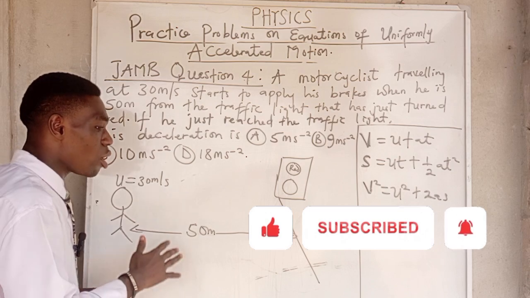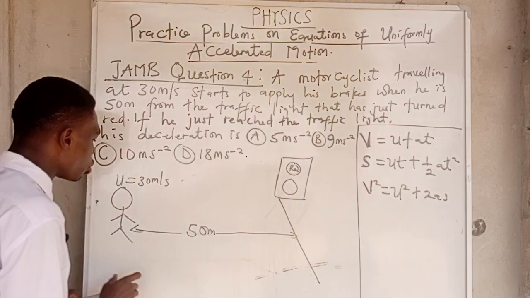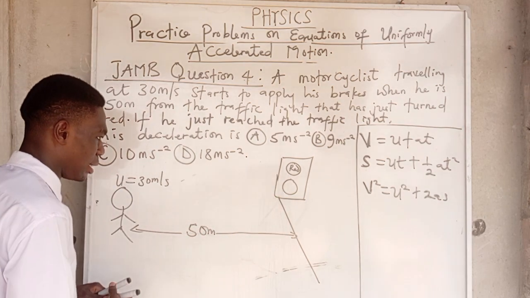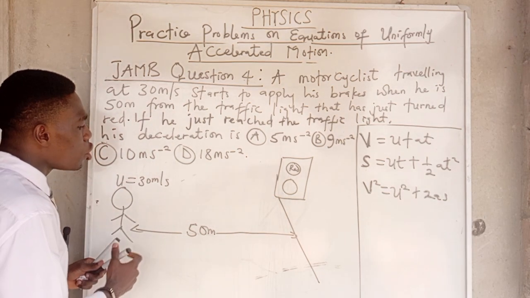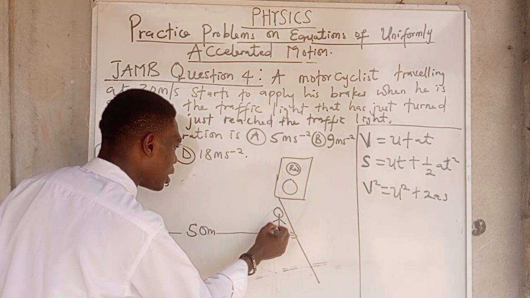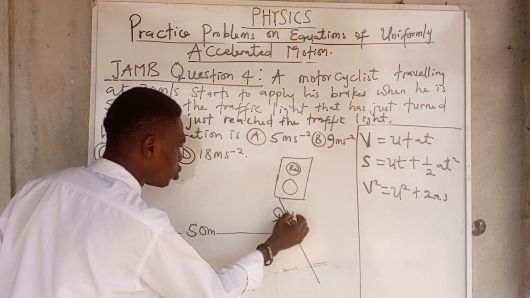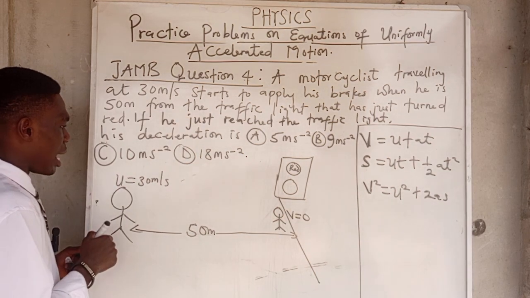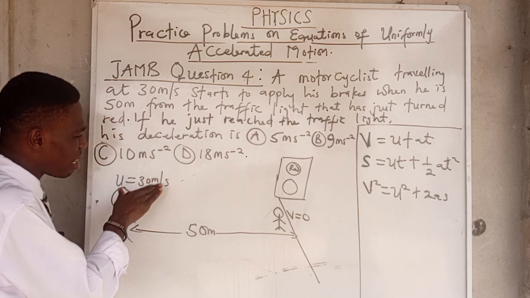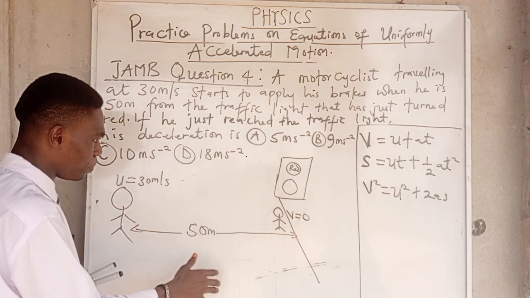Especially at high speed, when you apply a brake, you stop at some distance. So he applied his brake when he was 50 meters away from the traffic light. So you can now see that when he finally reaches here, he's going to stop, and that means that the final velocity will be equal to 0. So his velocity actually decreased. Are you following now? So that is deceleration.